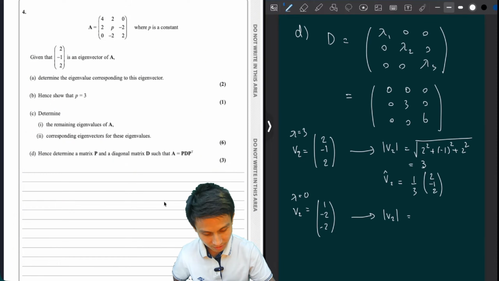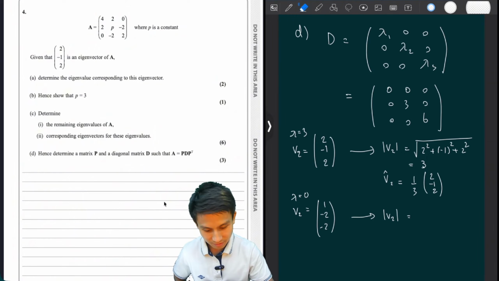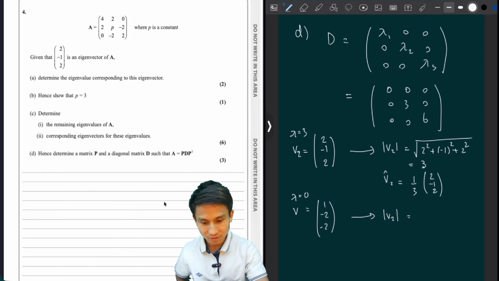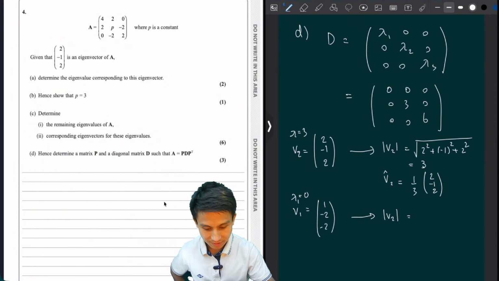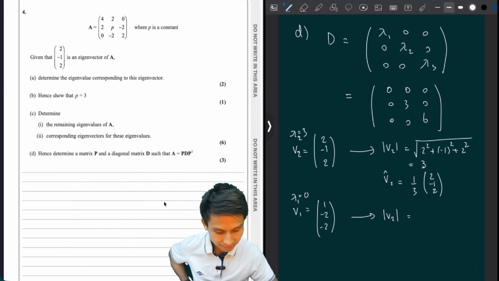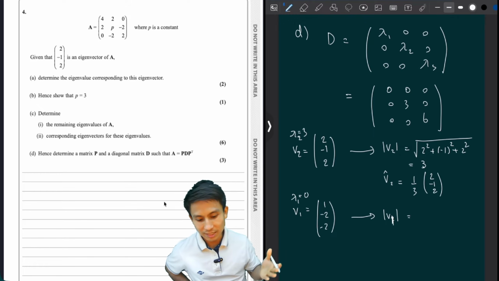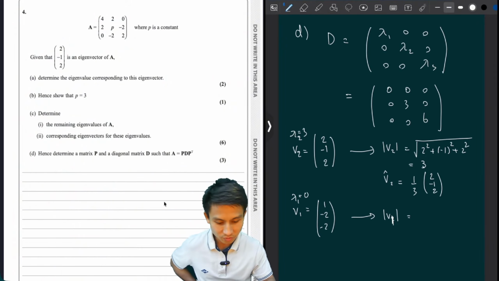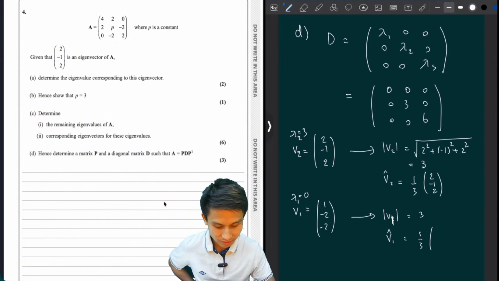I need to be consistent. And for 0 here it's going to be V1, because this is lambda 1. V1 here, you see the numbers are the same. It's 1, 2, and 2, so it's going to be 3 as well. So V cap 1 is just going to be 1 over 3 times 1, minus 2, minus 2.